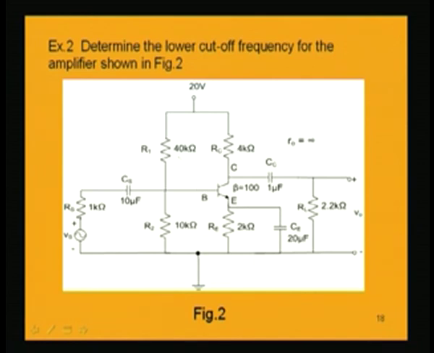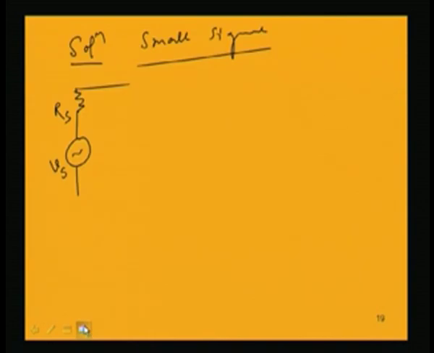Others are present in the mid frequency zone also, that is the potential divider biasing circuit having the resistances R1 and R2, RC is the collector resistance and RE is the emitter resistance. The load resistance, these are already there in the mid frequency also, but in the low frequency region we have to consider the extra capacitances which are affecting.